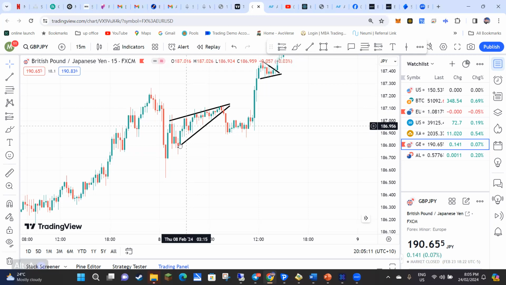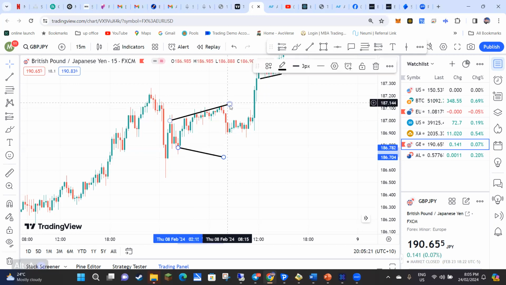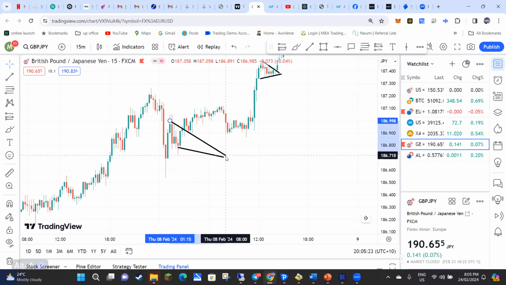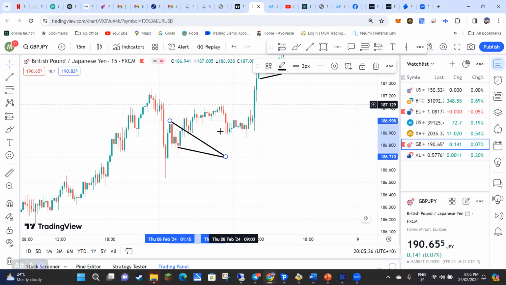So ascending wedges mostly break down. And if it was a descending wedge, they mostly break up, but you still wait for the break to be certain.